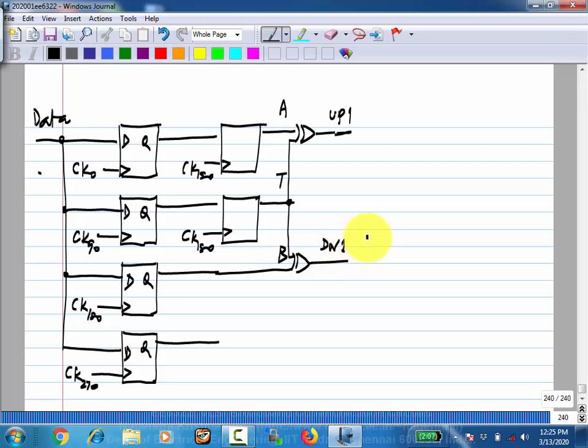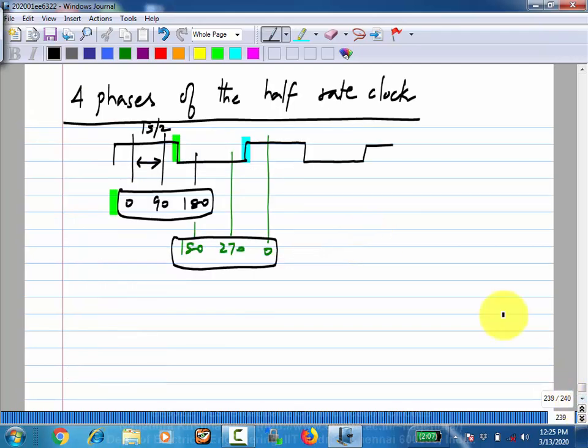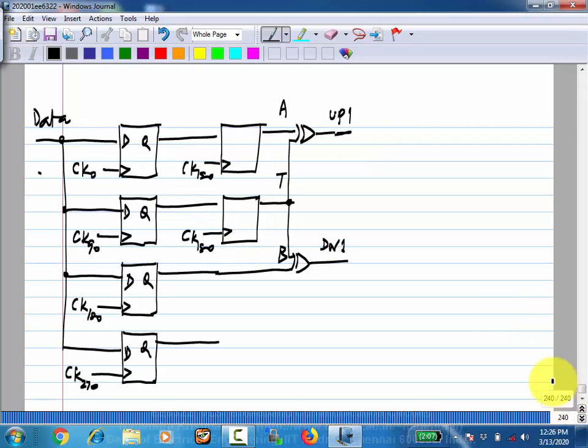What do you do for the next one? What do you do for this? Shivam, what is it? Yeah, you have to retime everything to clock 0 now.